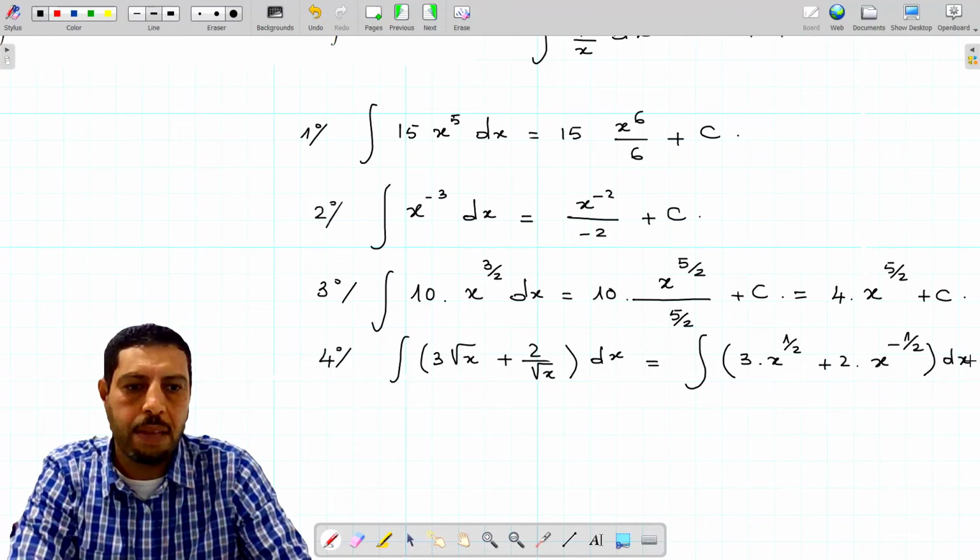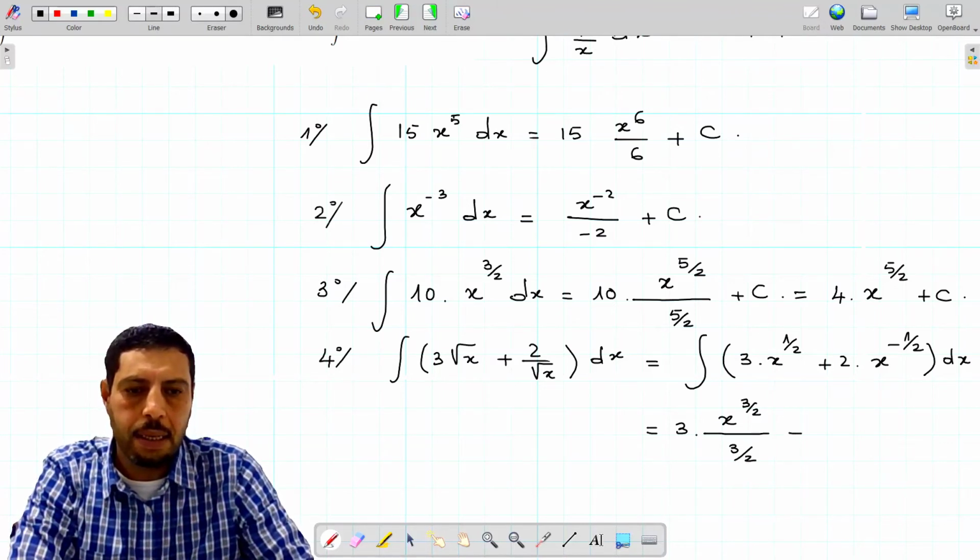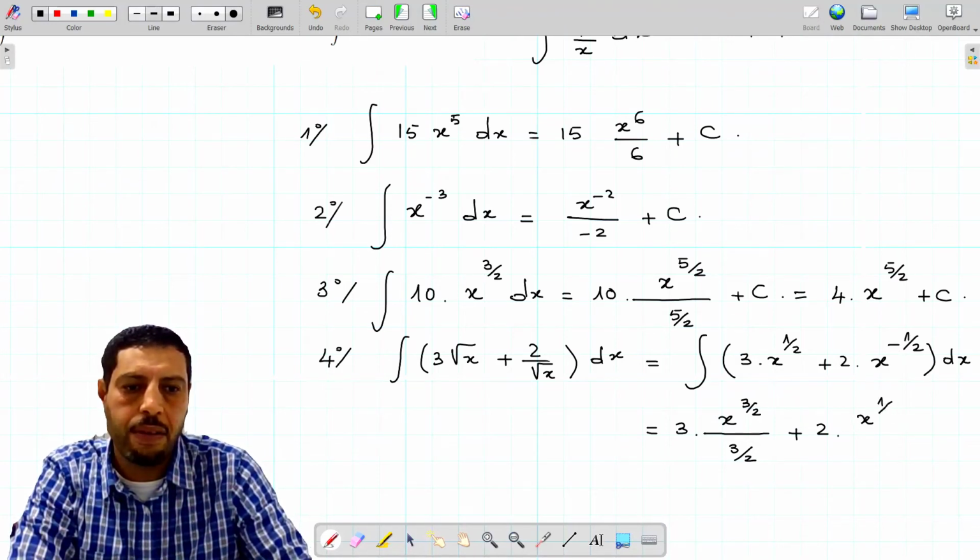And here we apply the power rule again. It gives 3 times x to the power of 3 over 2 over 3 over 2, since 1/2 plus 1 is 3 over 2, plus 2 times x to the power of 1/2 over 1/2, since -1/2 plus 1 is 1/2, plus a constant c.